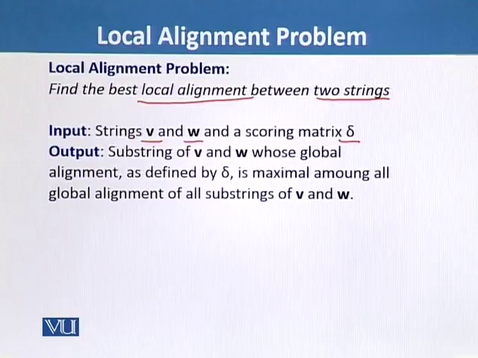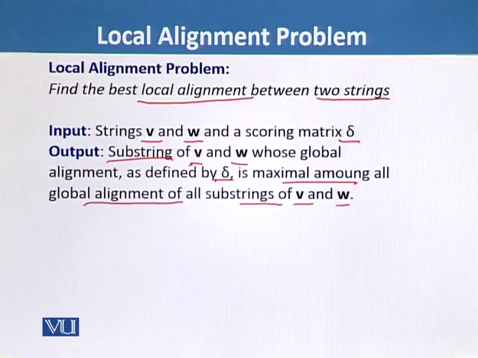We will get as output a substring that is present within the two strings V and W, whose global alignment, as defined by the delta scoring matrix, is maximal among all the global alignments of all the substrings of V and W. So we will get the maximum scoring alignment for all the possible substrings that are being used for all possible alignments, and the score we will get is the maximum among all of the scoring alignments.